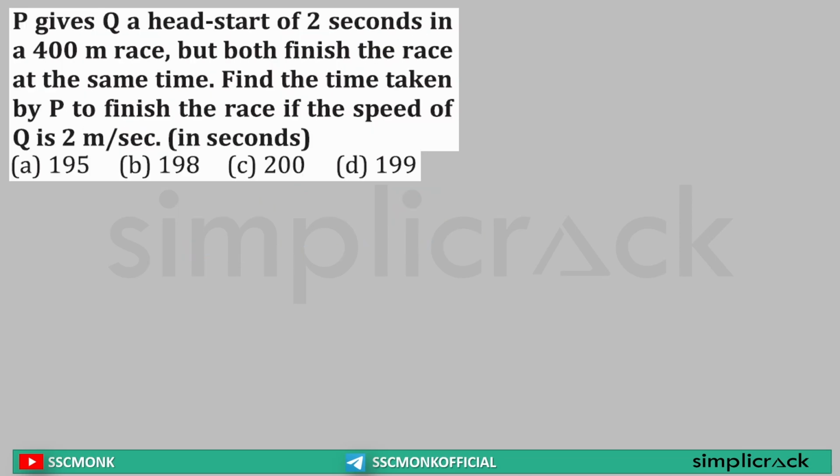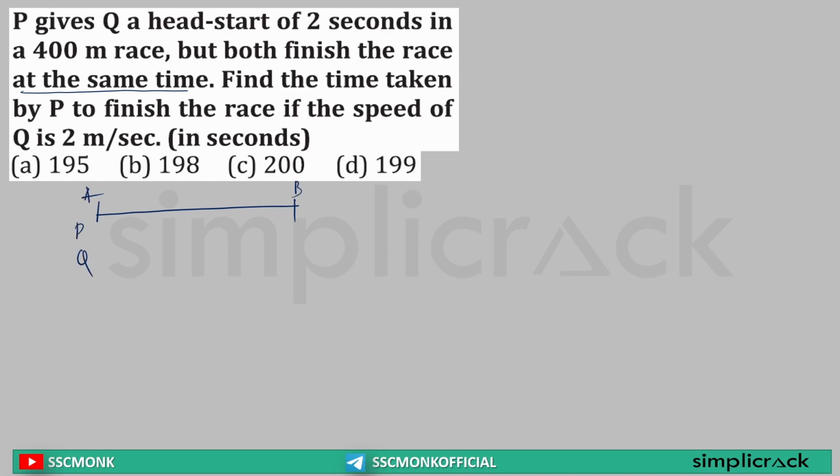Clear? Next. Sir, P gives Q a head start of 2 seconds in a 400 meter race. But both finish the race at the same time. That means, for example, this is point A, this is point B. P starts, Q starts.